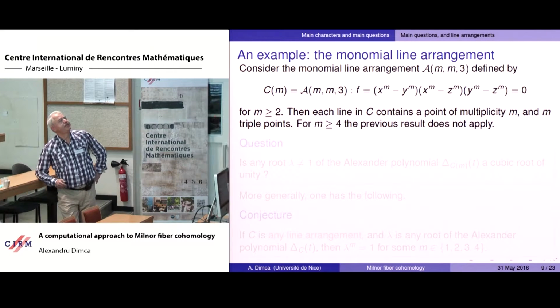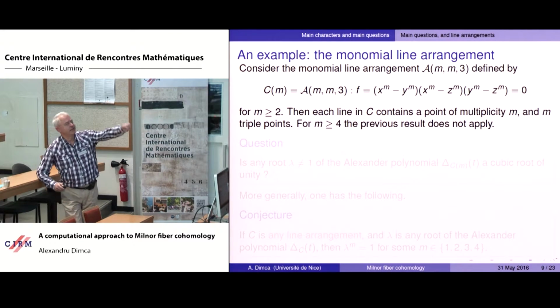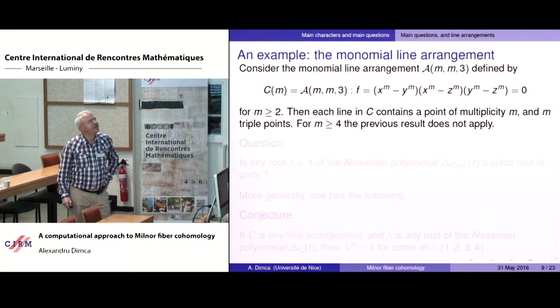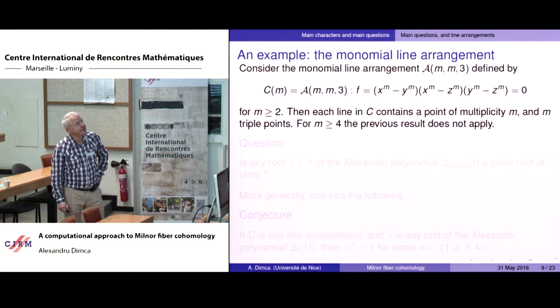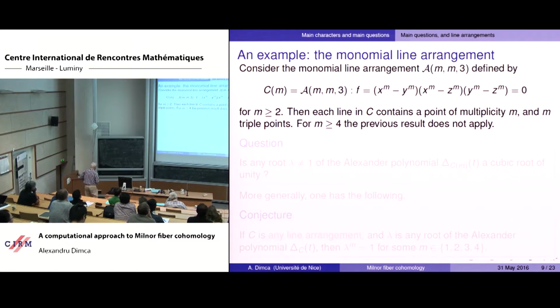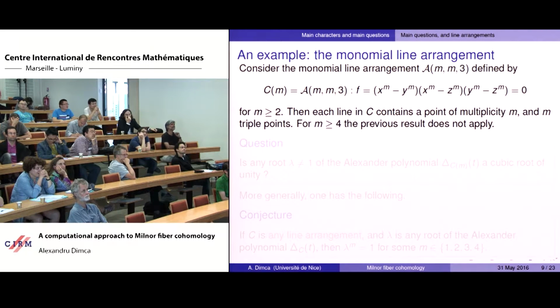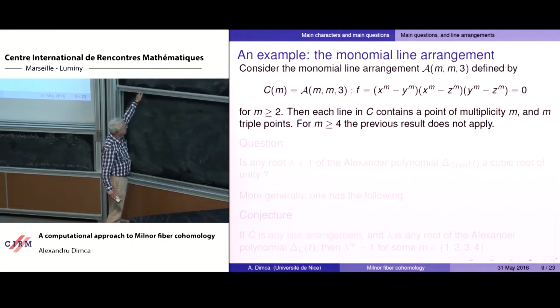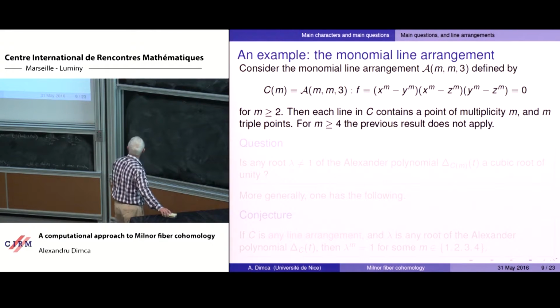So this is one example of such a line arrangement. And I will show you some kind of magic, at least for me.